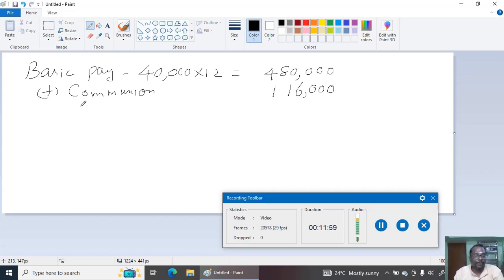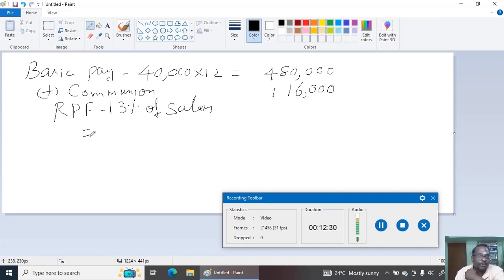Okay, now how much does he contribute to that fund? To the RPF, the recognized provident fund, he is contributing 13% of salary. So in this case, what is salary? In this problem, salary means basic pay plus commission.